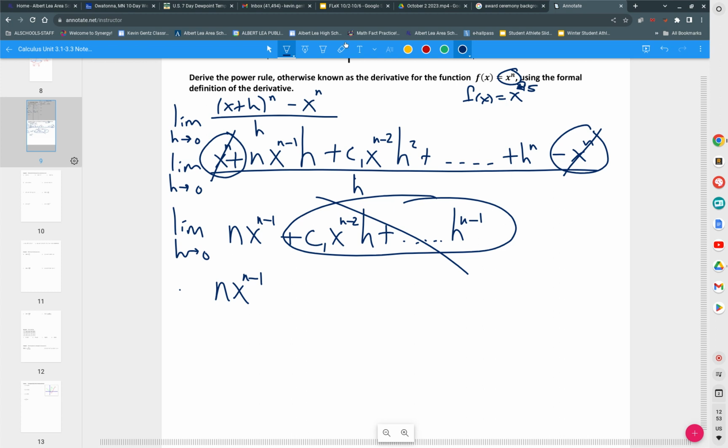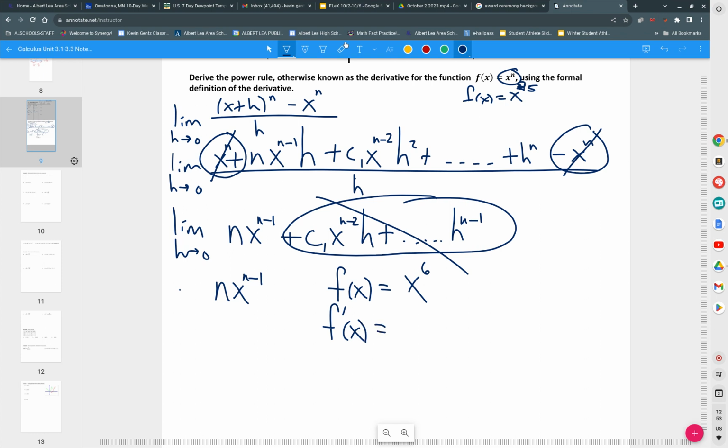What does that mean? It is very simple. If f of x is equal to x to the 6th, we don't have to use x plus h. What do we do? The derivative is very simple.